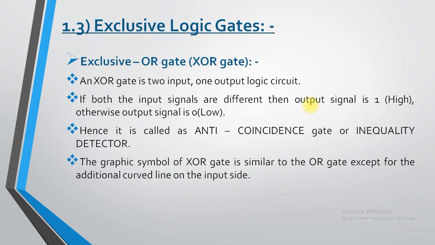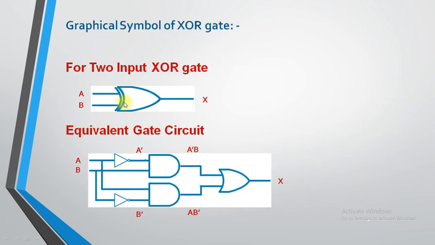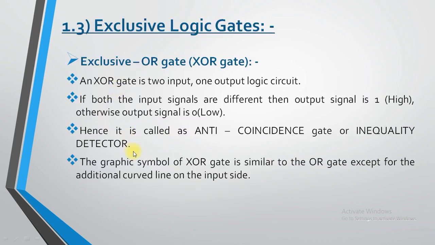That means XOR gate is also referred to as an anti-coincidence gate or inequality detector. The graphical symbol of XOR gate is the same as OR gate, but we put some extra curved line before the input variable.